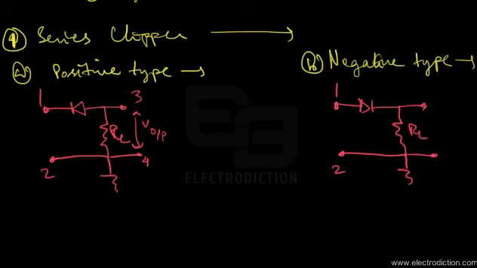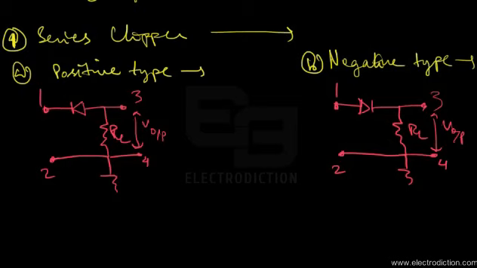If you compare the two types of clipper circuits, you'll find that the diode is just reversed in polarity for each of the different types of clippers, I mean the positive and negative types of series clippers.